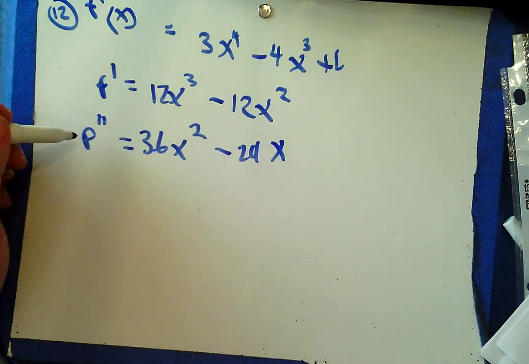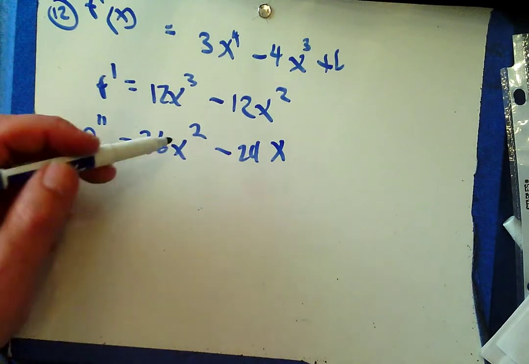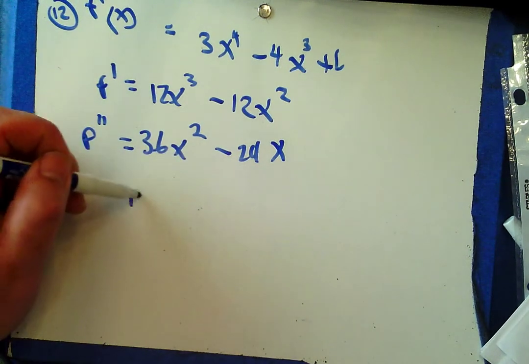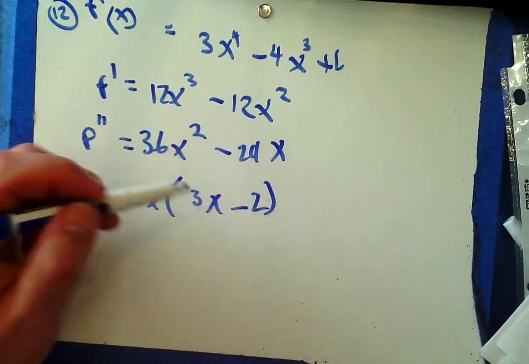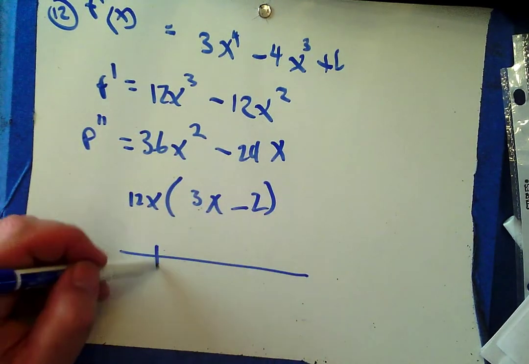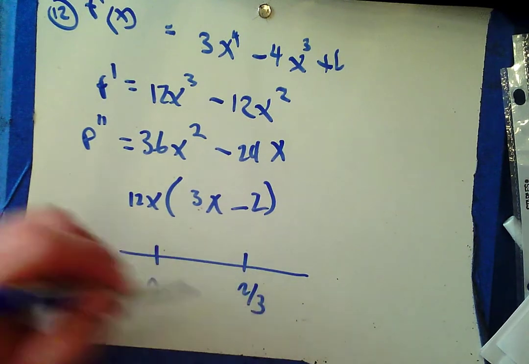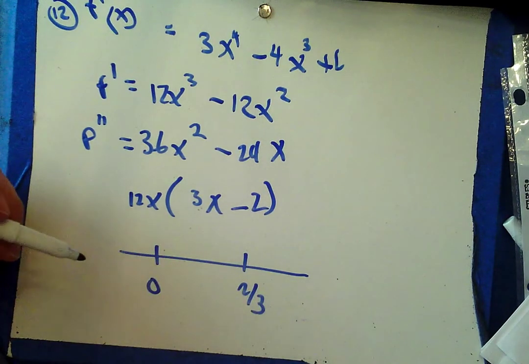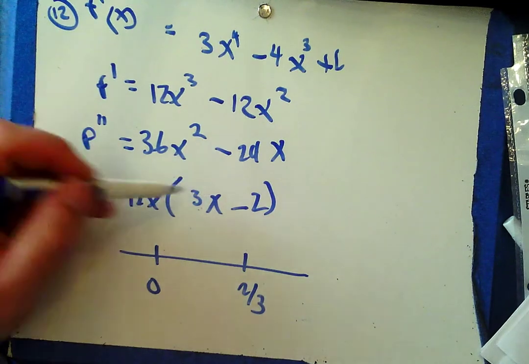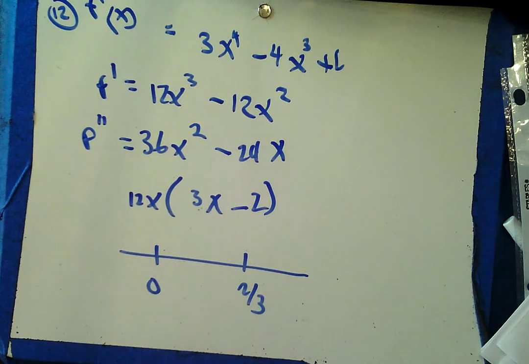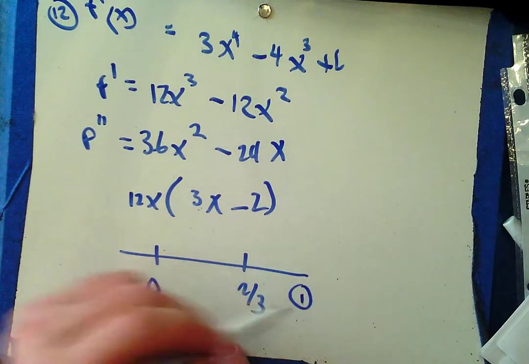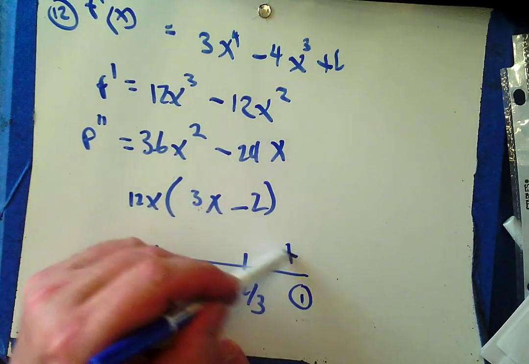I want to know when f double prime equals 0. So I'm going to factor out a 12x, leaving me 3x minus 2. And I get 0 and 2/3. Do I have sign changes? Well, I don't have any multiplicities of 2, so I think I have sign changes everywhere. But let's just check. Let's plug in a 1, and I get positive.